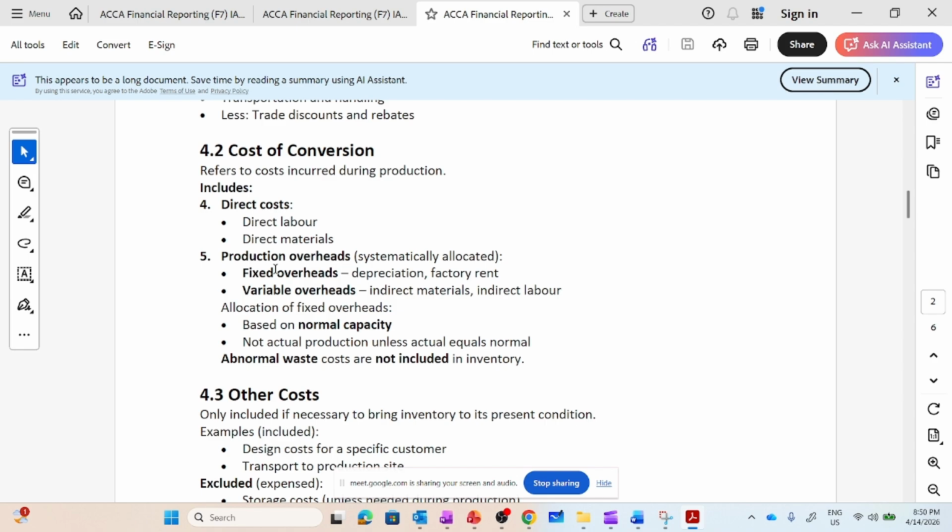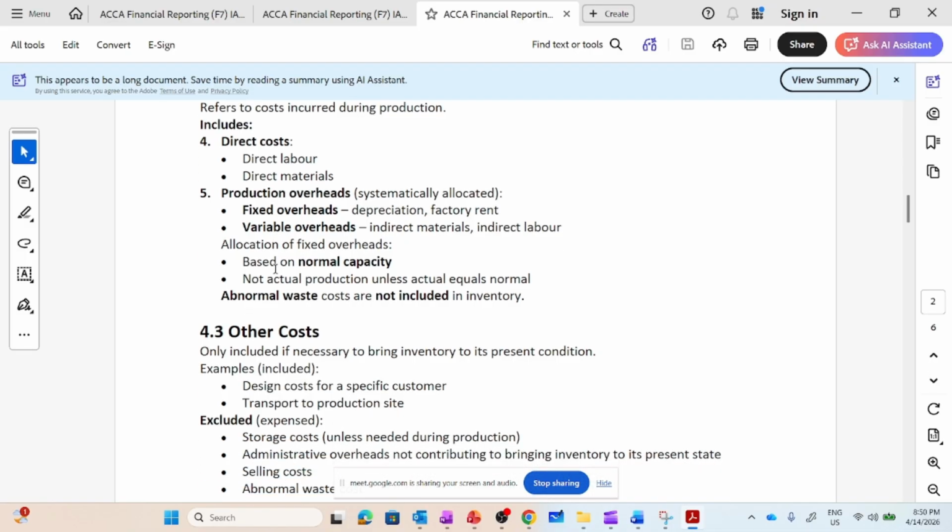Also for depreciation, if the asset, I'm not talking about all depreciation, if the asset is specifically used to support the production or the conversion of the raw material, the inventory to finished good, we are going to include this fixed overhead, variable overhead, indirect material, whichever it might be. So basically, this is just an approach in which we can allocate the various overhead.